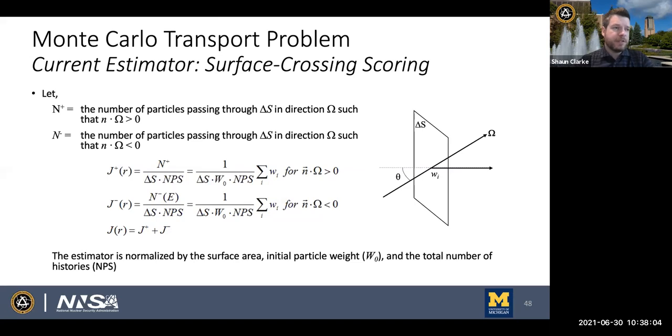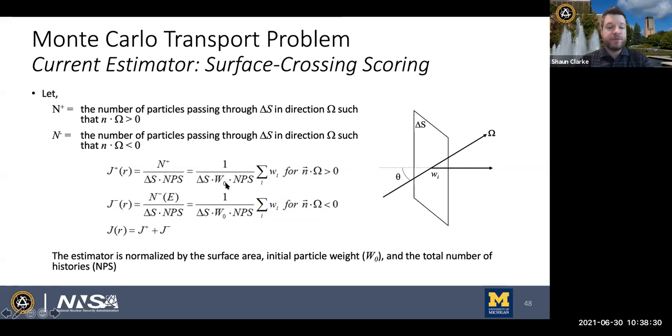Some Monte Carlo codes allow the users to intentionally bias their solution and then change the weight accordingly to ensure that the final solution is unbiased. When that happens, a particle track is scored by its weight, and that contributes to the tally. The particle weight at the time of the scoring is W sub I. The particle's weight when it's born is W sub 0.